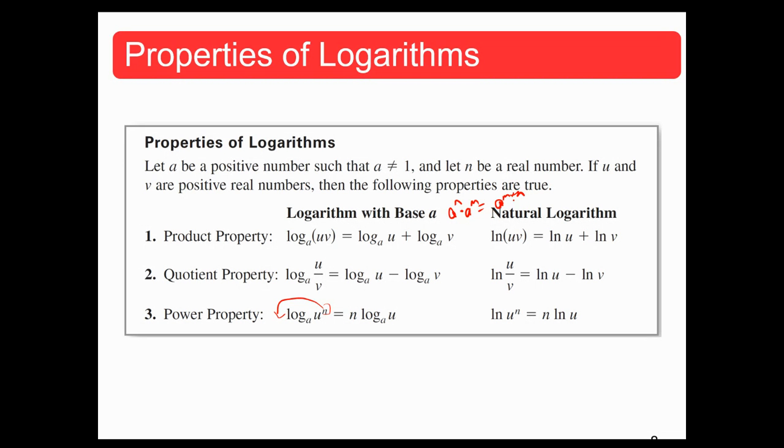Same with if we have a to the m over a to the n. When we're dividing, this would be a to the m minus n. And then if we have a to the m to the n power, these two end up getting multiplied. So we'll have a to the m times n. And notice that in a sense, this is the same thing, you're taking the n and you're multiplying the whole thing by n.